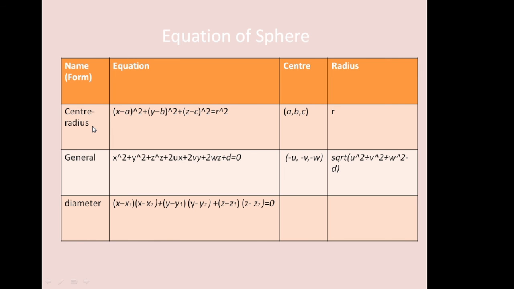We have learned three forms of the sphere. First is the equation of sphere in center radius form, which is (x minus a) square plus (y minus b) square plus (z minus c) square equals r square. Its center is the point (a, b, c) and radius is r. Second is the general form of the sphere.